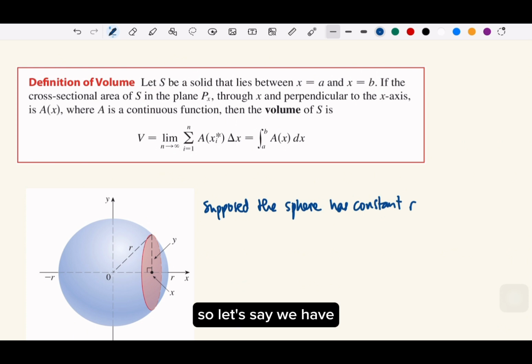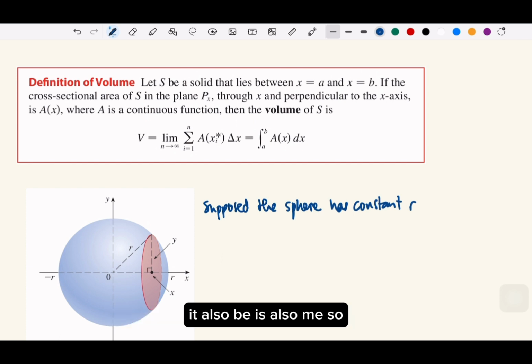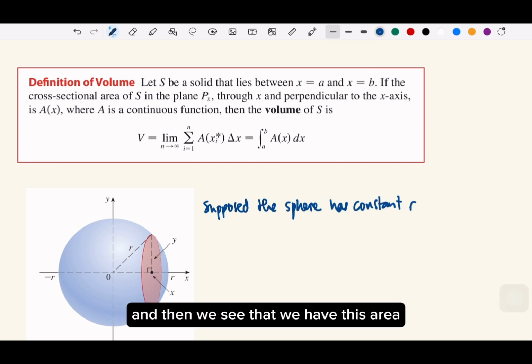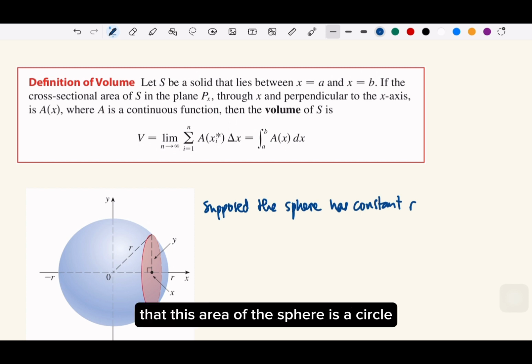So let's say we have the x and y axis. Everything on the left side will be negative, and this is also negative, right? We slice this sphere, and then we see that we have this area, and this area of the sphere is a circle.